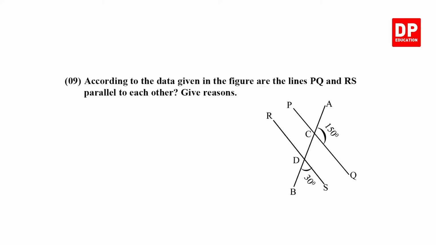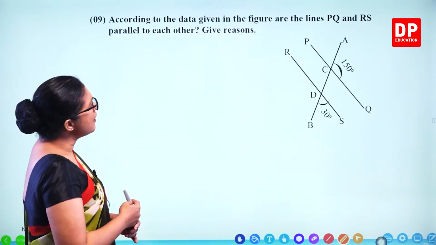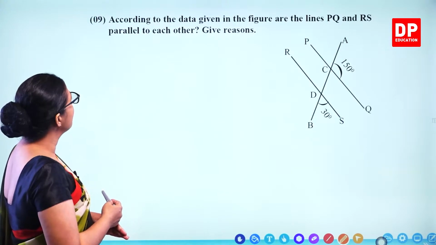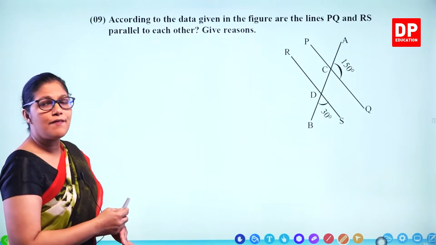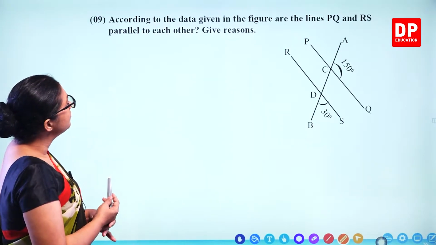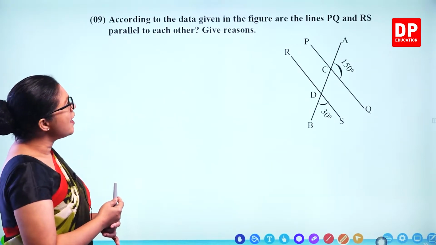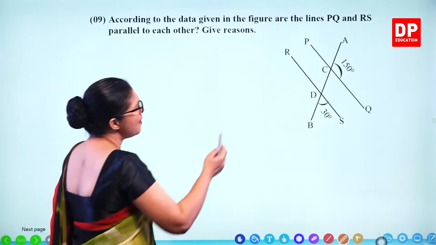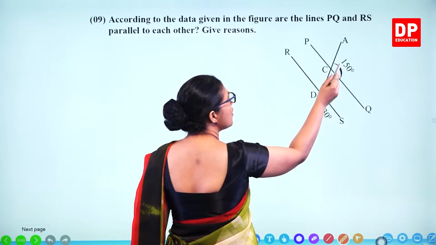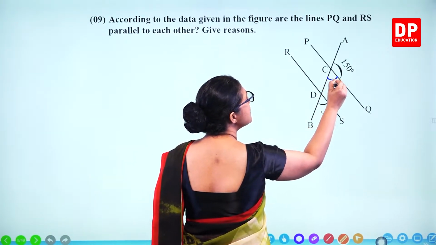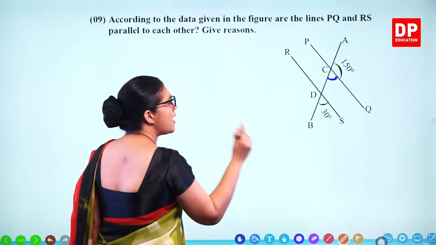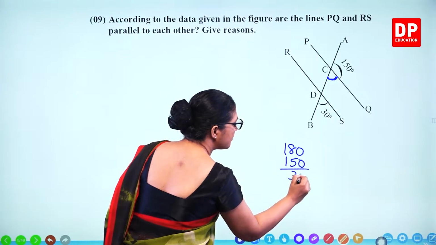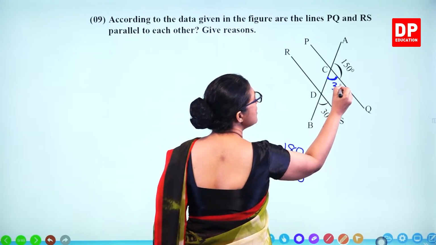Question number 9. According to the data given in the figure, are the lines PQ and RS parallel to each other? Give reasons. So they are asking, are the lines PQ and RS parallel? This is given 150. So if this is 150, what is this angle? 180 minus 150. That's 30 degrees. So this is 30.